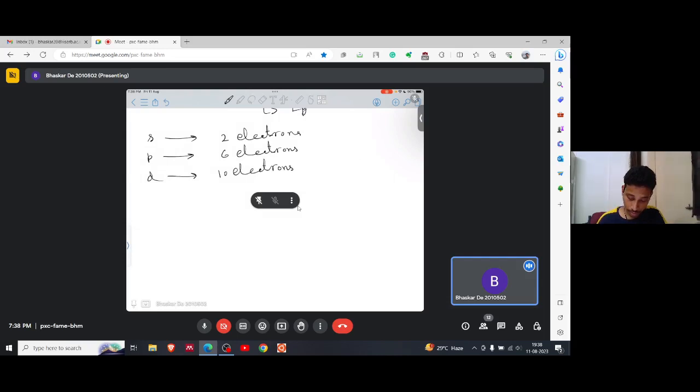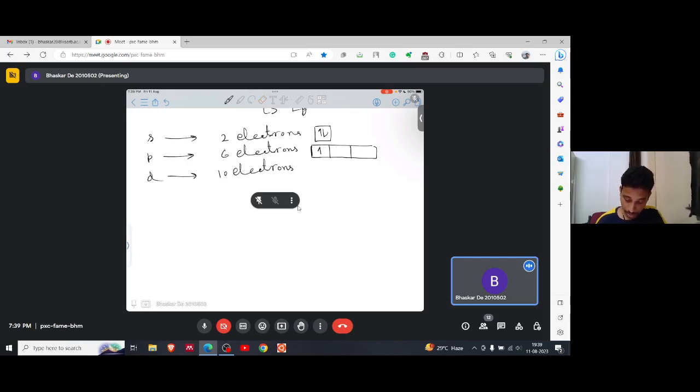Okay, so if there is no doubt, for example I will just write that S can accommodate 2 electrons, P can accommodate 6 electrons, D can accommodate 10 electrons. So 2 electrons means that there is one box, one up spin, one down spin. Maximum 6 electrons means there are 3 places: up spin, down spin, up spin, down spin, up spin, down spin. Okay, so this writing was wrong basically.